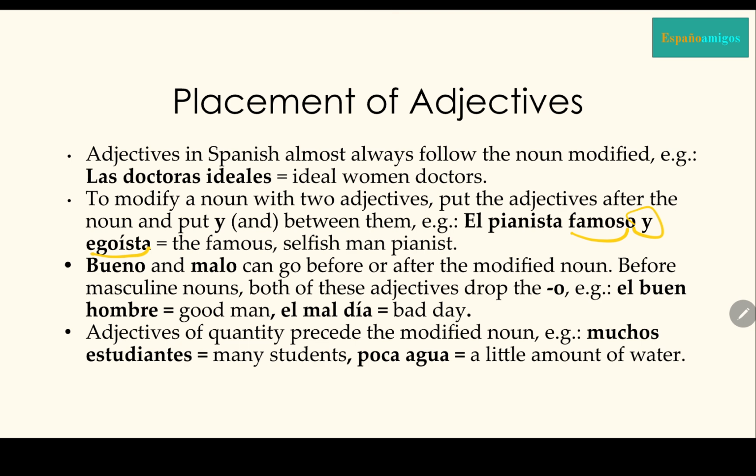That means the famous and selfish pianist. Of course, in English, you can only use a comma, and that is more than enough. But in Spanish, it's not possible. We have to use the y, the and. It's a requirement, right? So don't forget that part, okay?